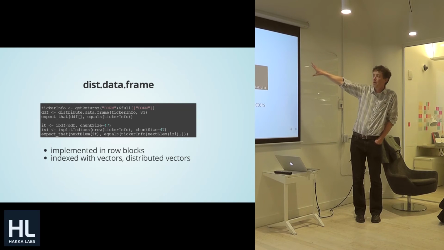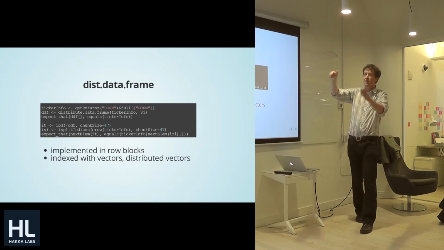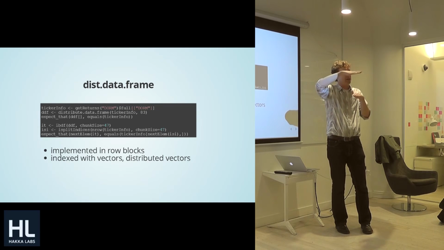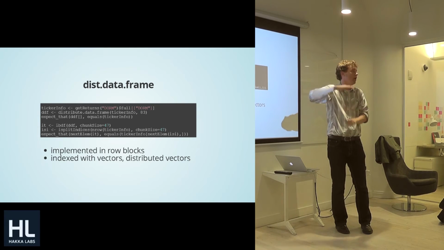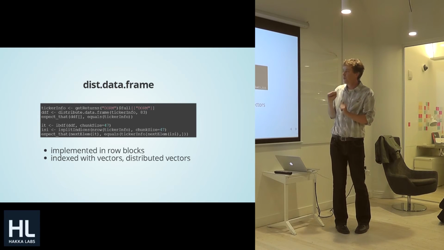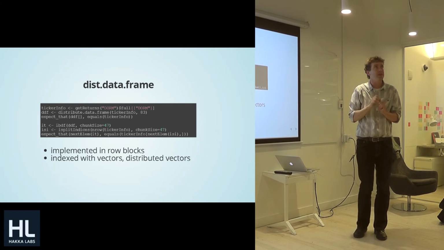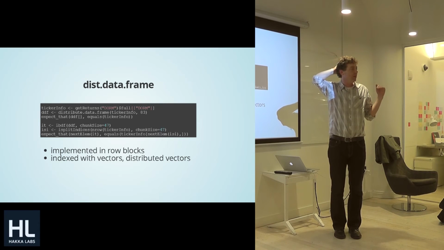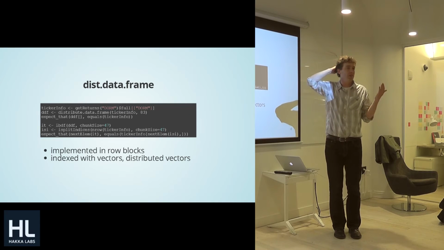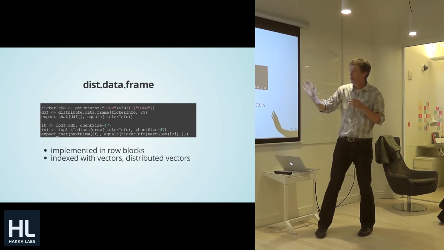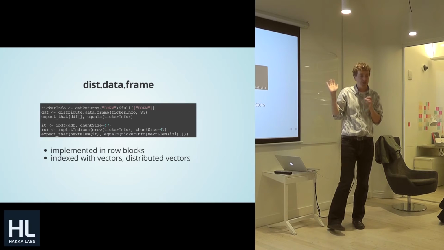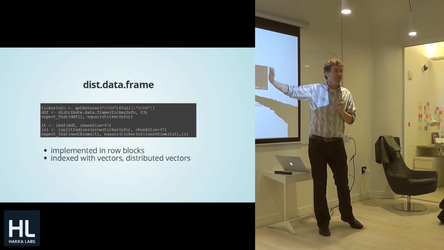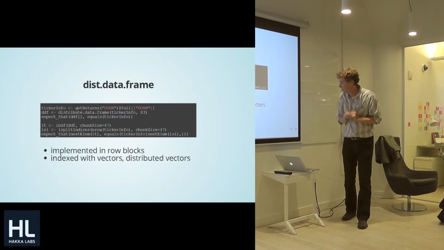The block model for a distributed data frame right now is that I'm assuming it's a relatively small number of columns, and I'm taking blocks row-wise. The reason is I decided that if it's really wide, you actually don't want a distributed data frame. If people don't like it, they can write their own versions. But because I now have distributed vectors working correctly, I can get all this indexing functionality for a distributed data frame.